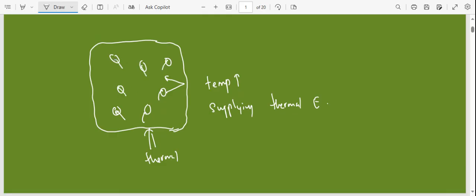So these particles absorb the thermal energy. What will happen when they have more thermal energy inside? That energy will be converted into kinetic energy. So their kinetic energy increases when you supply more thermal energy.